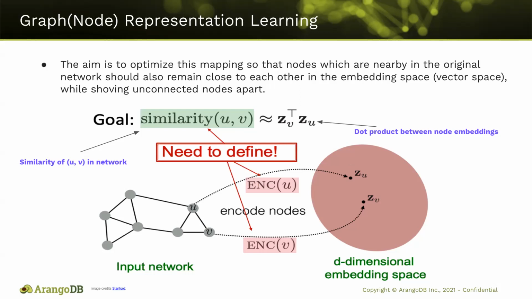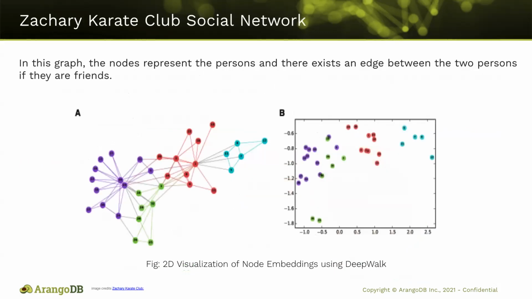The first one is the encoder, which maps a node to a low dimensional vector. The second one is the similarity function, which defines how the relationships in the input network map to the relationships in the embedding space. Here, the similarity function could be, for example, the cosine or Euclidean distance, depending upon your choice.